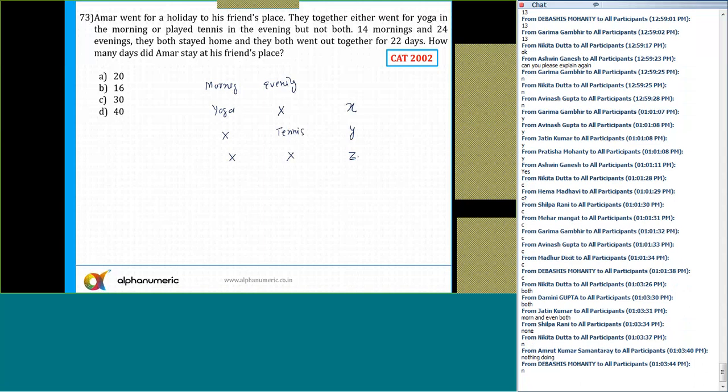So what is the value of X plus Y which is given here? It says 14 mornings and 24 evenings they both stayed at home, and both went out together for 22 days. So X plus Y is equal to 14, that is given here.